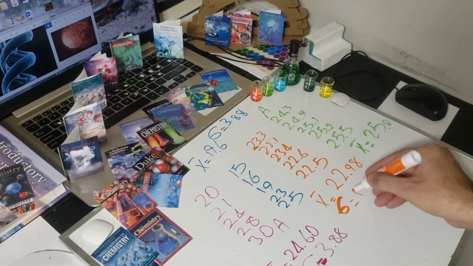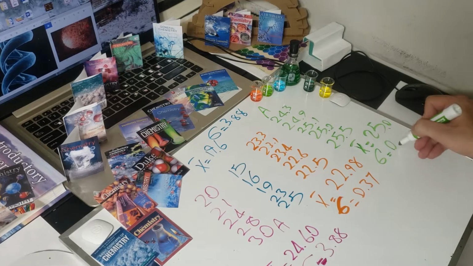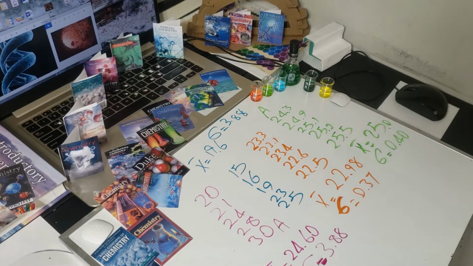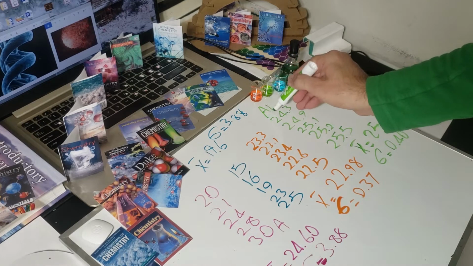Sigma is 0.37, so it's very precise. And the last one gives you also a sigma of 0.40, so it's also very precise. So the last one is both accurate and precise.